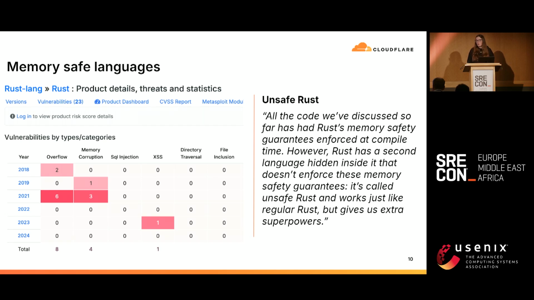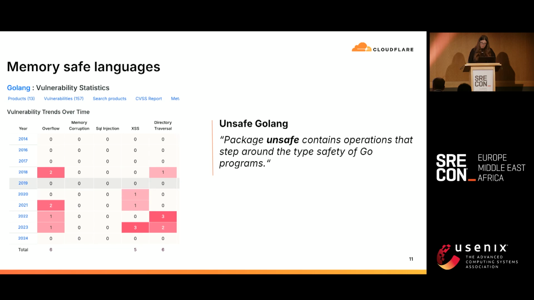And it means that all the code we have discussed so far has had Rust memory safety guarantees enforced at compile time. However, Rust has a second language hidden inside it that doesn't enforce these memory safety guarantees. It's called unsafe Rust, and works just like regular Rust, but gives us extra superpowers. And Golang, again, a few vulnerabilities and the unsafe package in Golang. Package unsafe contains operations that step around the type safety of Go programs.